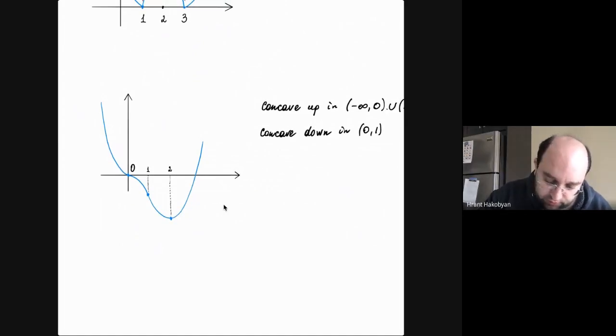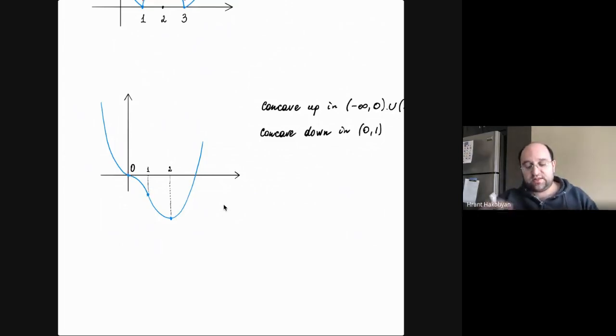If you remember, we talked about it in the beginning. We have concave up here, then concave down, then concave up, and then it's up, up, up. So there are two places on this graph where the function goes from concave up to down or from concave down to up.